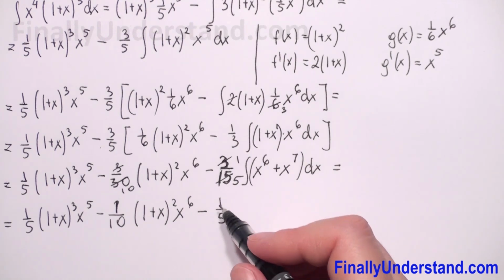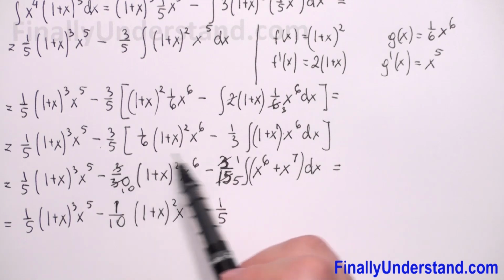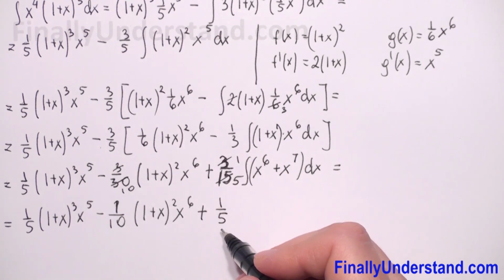And I forgot to change the sign because we have negative times negative here, so here we will have positive 1 over 5.